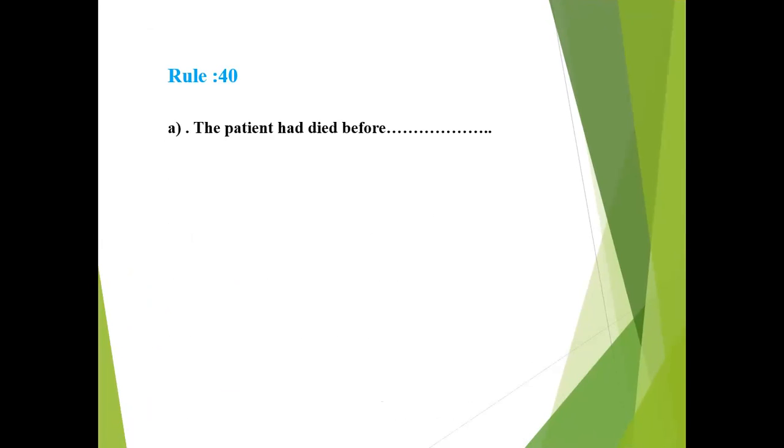In case past perfect tense is used before, after before past indefinite tense will be used. Here the patient had died is in past perfect tense, so after before past tense will be used. So the answer will be, the patient had died before the doctor came. Here the doctor is the subject, came is the verb, so it is in past tense.